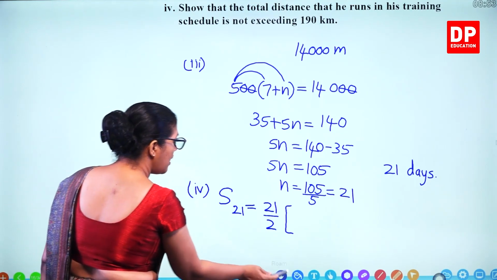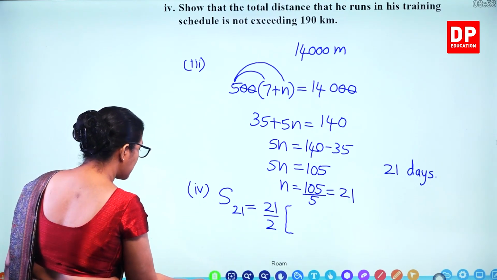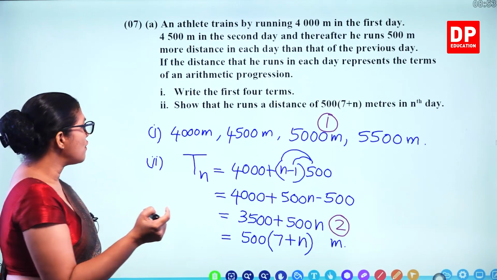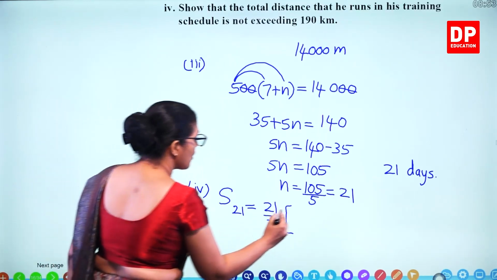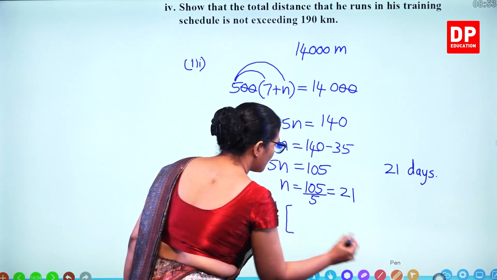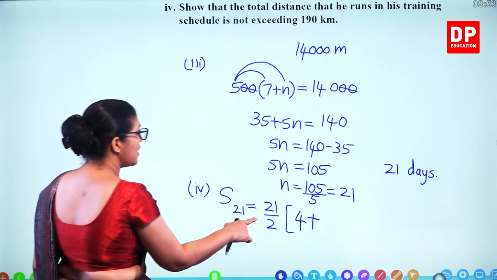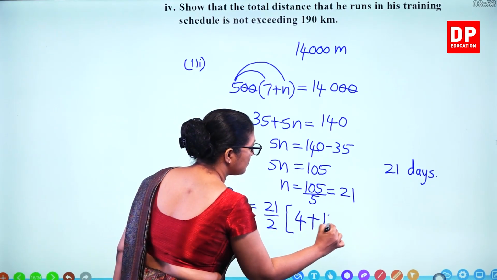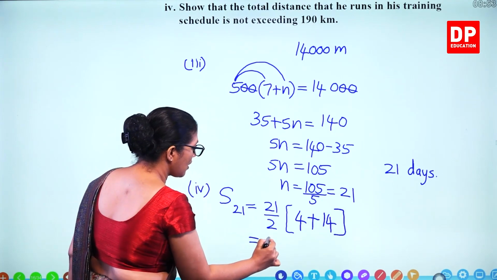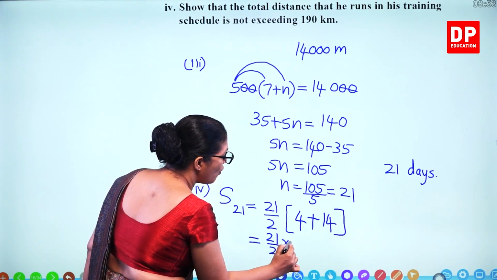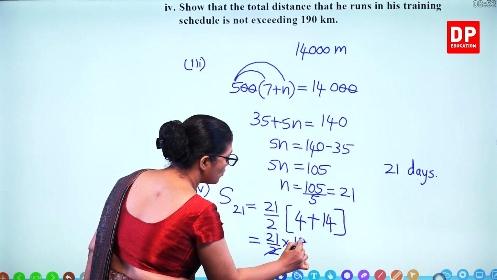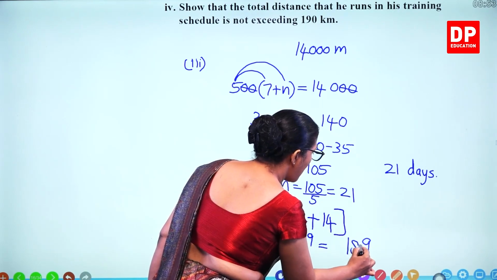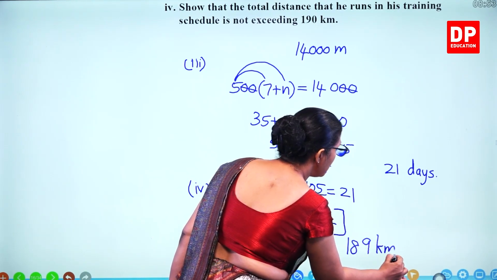Now we'll do it in kilometers. 4,000 meters, divide by 1,000, is 4 kilometers. So 4 kilometers plus, and the last day it was 14 kilometers. 21 over 2, 4 plus 14 is 18. That's 2 times 9. 9 times 21, 189 kilometers.